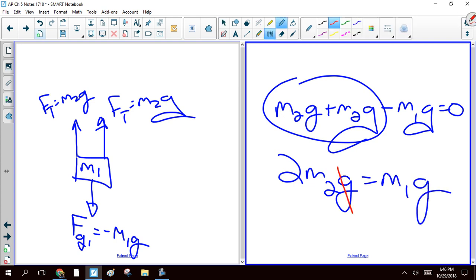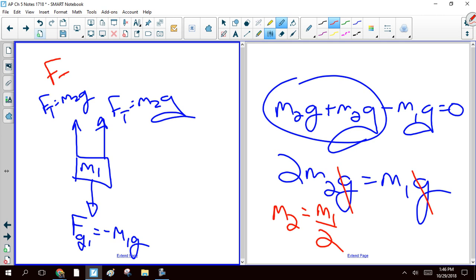Divide out by the G's, and your M1 is 2 times M2, or maybe more usefully, M2 is M1 over 2, right? So, there you go. And so then your tension, I guess, since it said to write it in terms of M1, is actually M1G over 2, right? Okay.